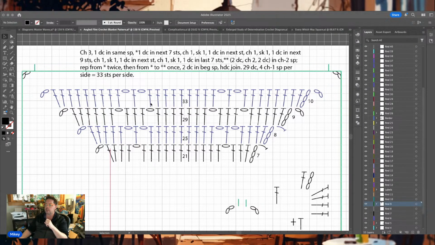And so then the repeat actually starts from what we did here. So we chain 1 and we skip 1. So we chain 1, skip 1, and then we double crochet into the next stitch right here. And then we chain 1 and skip 1. So chain 1 and skip 1 right here.